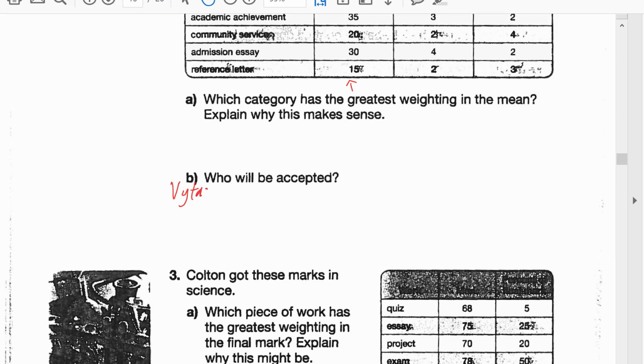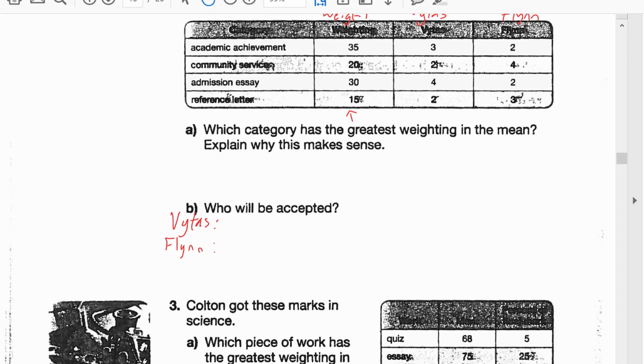You'll have to do Vitus and Flynn, and you'll have to do exactly what we did in the previous problem, which was I'll do one guy and you do the other. 35 times 3. So we're going to take the weight times 3. For the other guy, you just take the weight times his score, right?